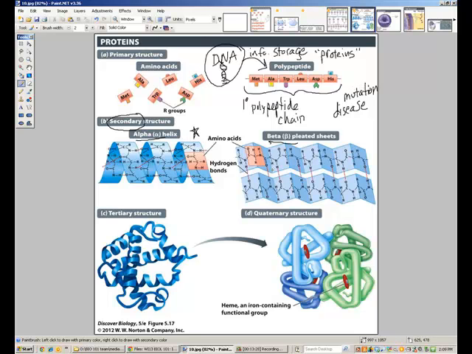Okay, so we get these folds, and then you get to the tertiary level, where you take all of these twirls and folds and you fold it again. So this is another level of folding. So very, very complex. And we're going to call this a globular protein.